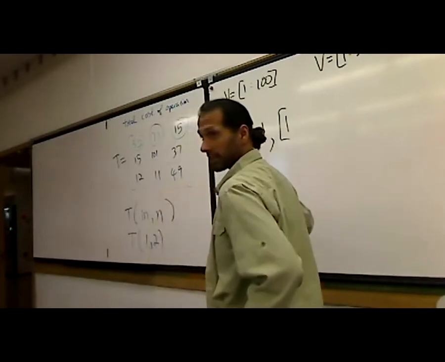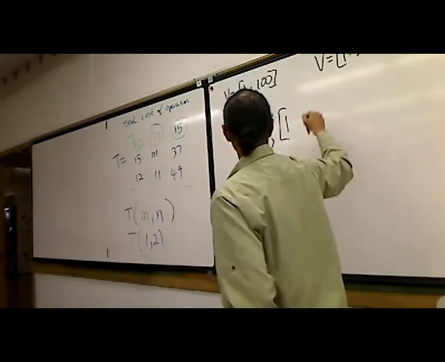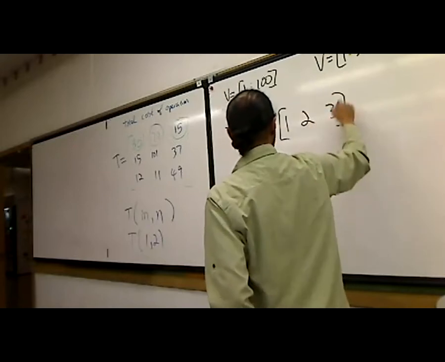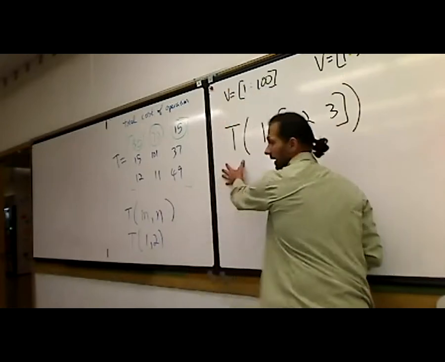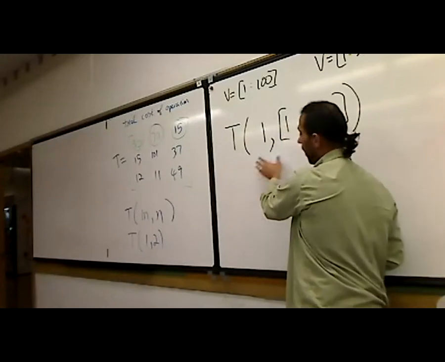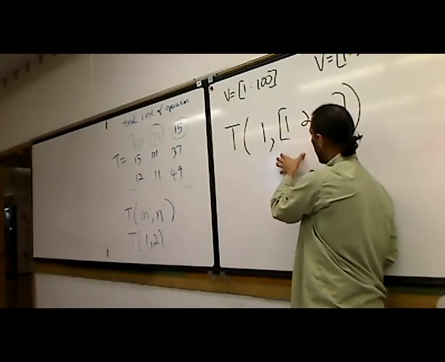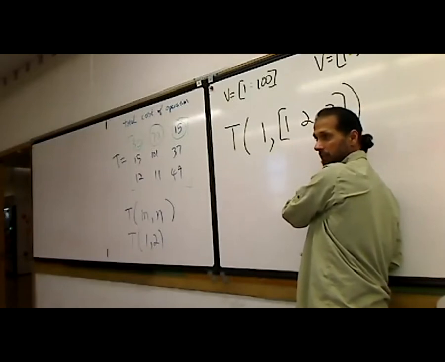One way of specifying those locations is to put a little vector inside of your indexing. What this says is vector T, row 1, all the columns specified by this vector, 1, 2, 3. We okay with that?